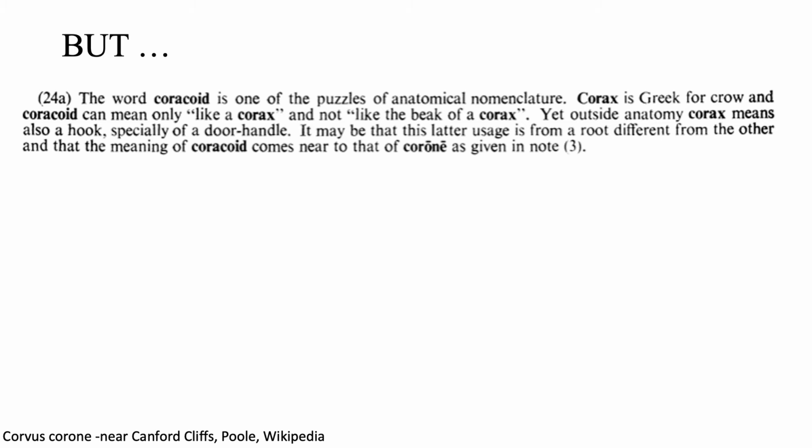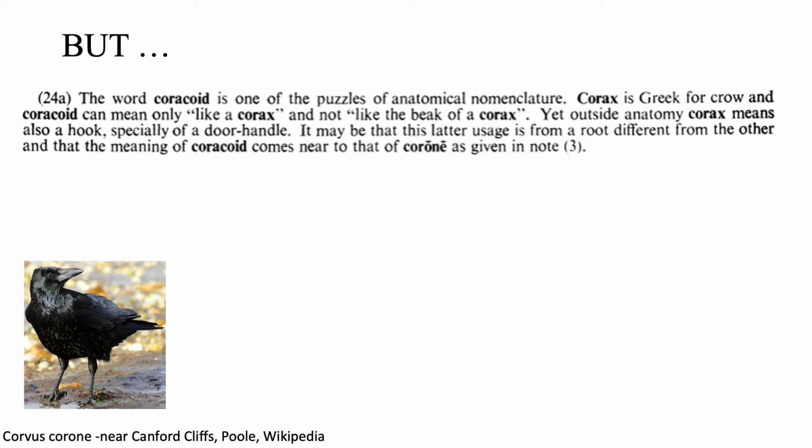However, it's not always clear that the received opinion of etymology is that evident or agreed to by everybody. Here are some notes by a very learned pathologist and historian of medicine, who lived and worked in the first part of the 20th century, Charles Singer.